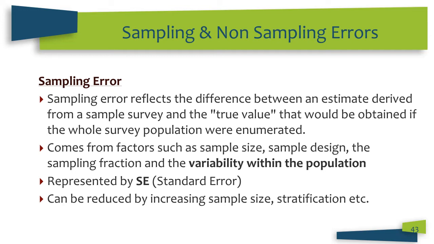So not difficult to calculate, but the sampling error is represented by standard error, and it has to be calculated. How do you reduce your sampling error? Obviously, you can reduce the sampling error by increasing the sample size. And in cases where there are different groups or strata within your population, maybe by doing good stratification, you can reduce your standard error, or the sampling error.